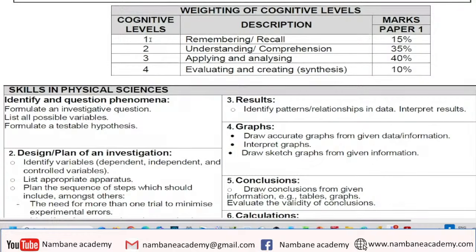But the target for all of our learners should be on cognitive level 1 and 2. Ensure that you get questions of level 1 and 2, and then we improve the levels and the quality with cognitive level 3 and 4. But for a pass, level 1 and 2 questions should be gotten right by all our learners.